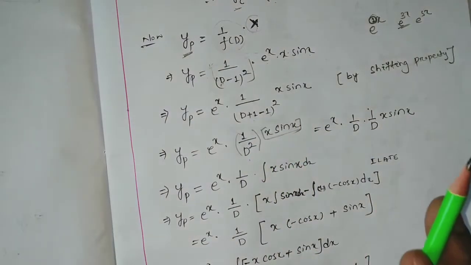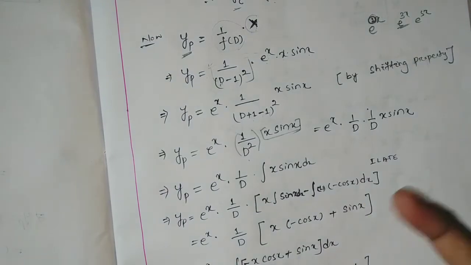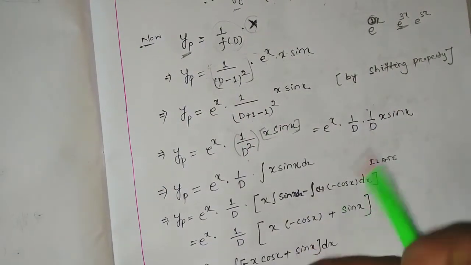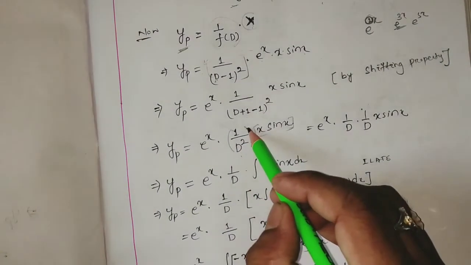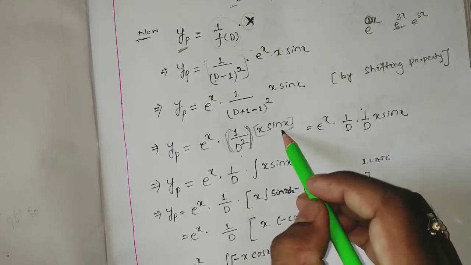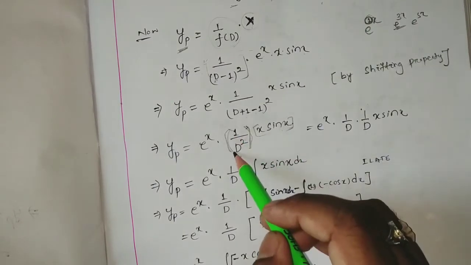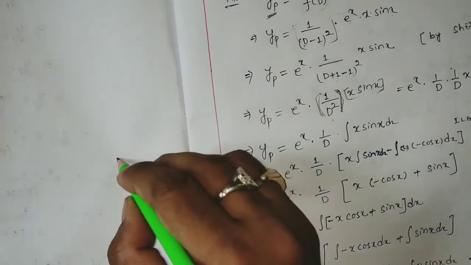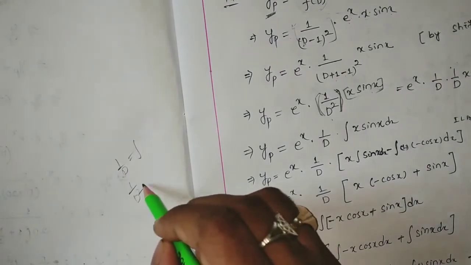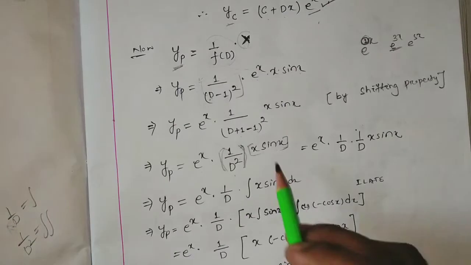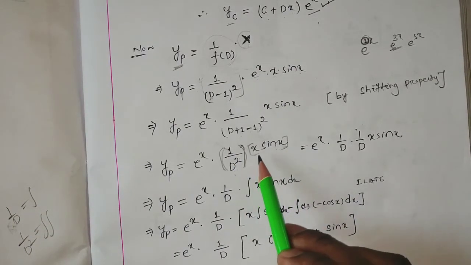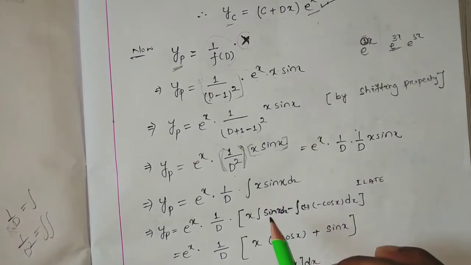This language you have to remember: I often say 'into', but it is not actually multiplied, it is operated. 1 by D is a single integration, so obviously 1 by D² is double integration. That means 1 by D² operated on x sin x means we consider integration two times.